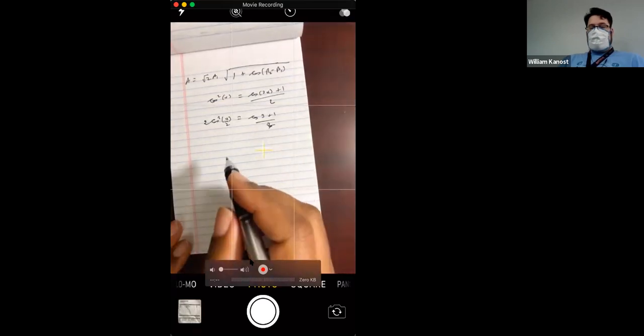So that tells you this one over here equals 2 times cosine squared of beta 2 minus beta 1 over 2. I have this formula using the double angle formula.